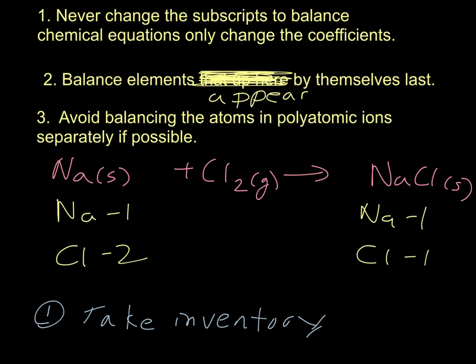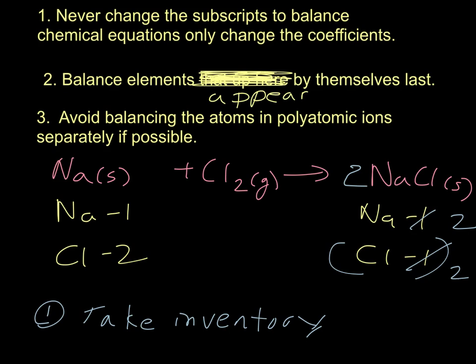Well, duh, 2, right? I can't place a 2 in the center of my equation. That's a no-no, right? I have to place a 2 in front of a compound. So I have to have 2 not just of the chloride now, but I now have 2 of the sodium.